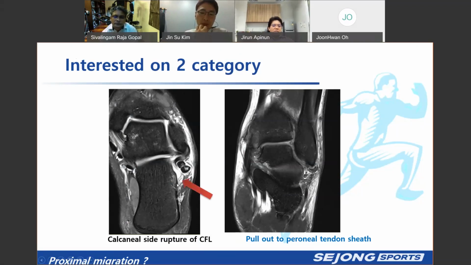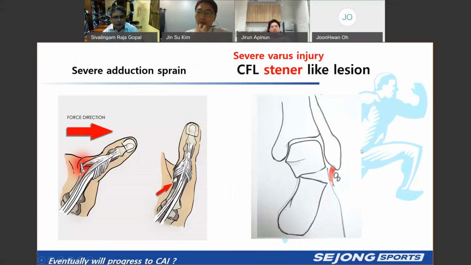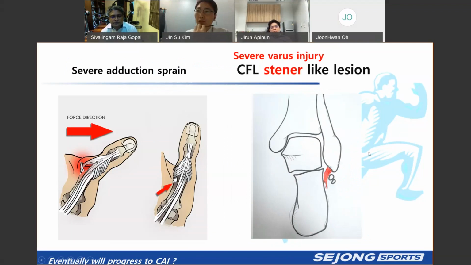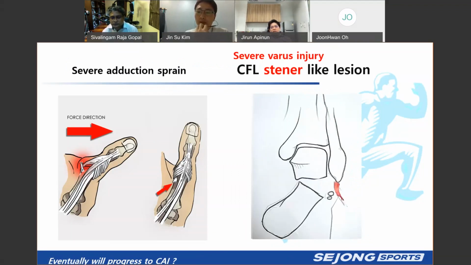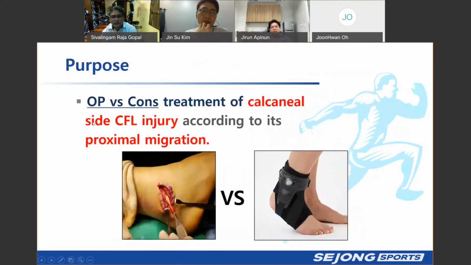The CFL is torn from the talar attachment, and the right side is completely torn and popped out outside of the peroneal tendon sheath. This is what we call the CFL stranded lesion. With a simple ankle sprain, it may be restored to the anatomical position, but with a severe sprain, it can form this stranded lesion.